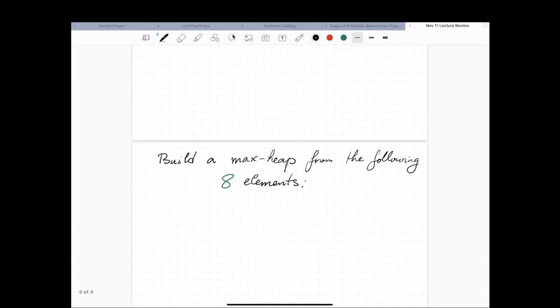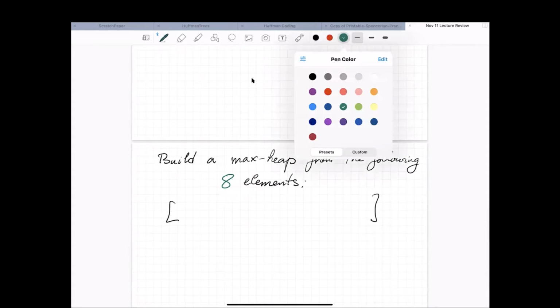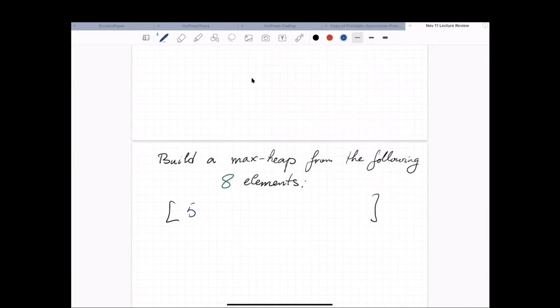And I'm going to have these elements be, let me pick what I have, let me just use the example that we have: 5, 21, 68, 1, 80, 91, 97.